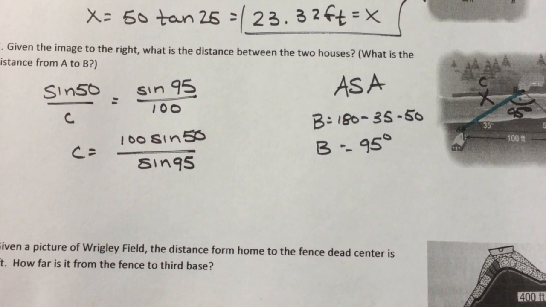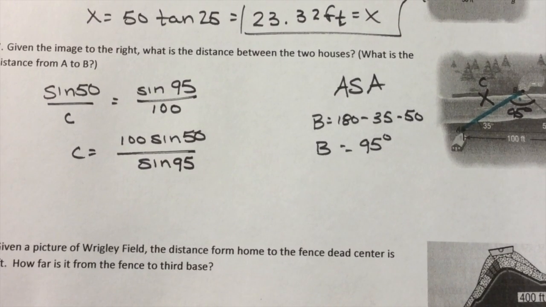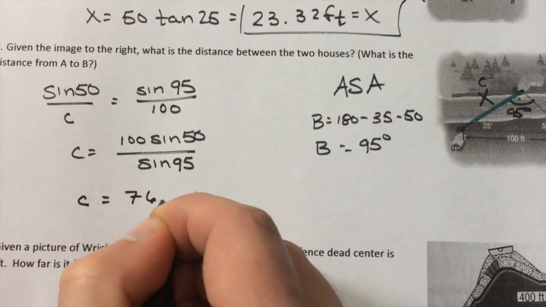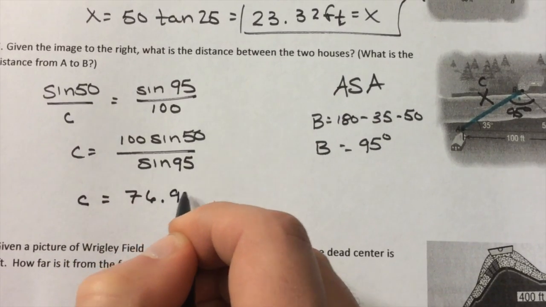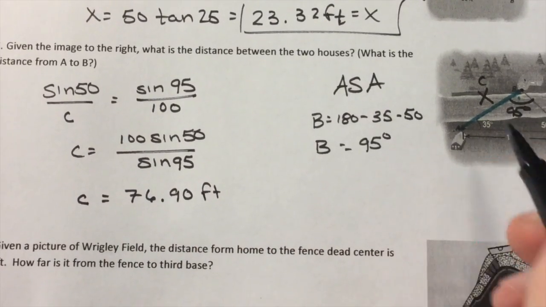So if I type that into my calculator, I get 100 sine 50 divided by sine 95. I get c equals 76.90 feet is the distance between these two houses.